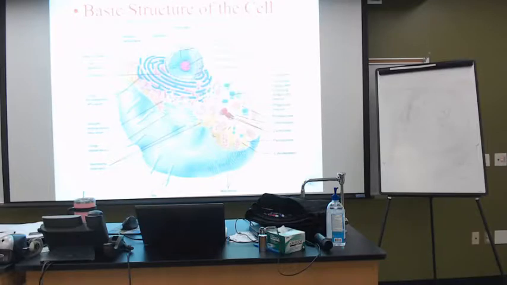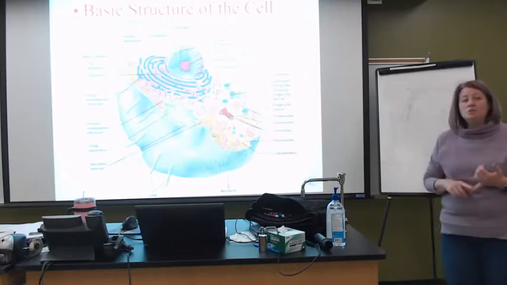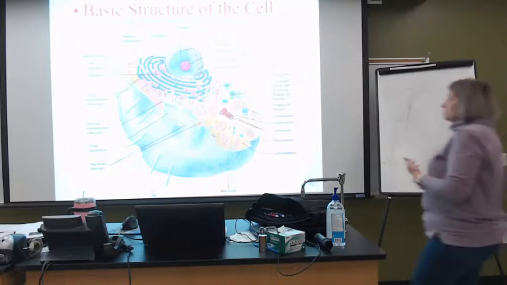Now, for example, if you were to see this on the test, and I asked you to label the cell, that is something I would want you to be able to do. So get familiar with the picture, and as we continue to talk about the parts of the cell, I would want you to know the purpose of those parts.